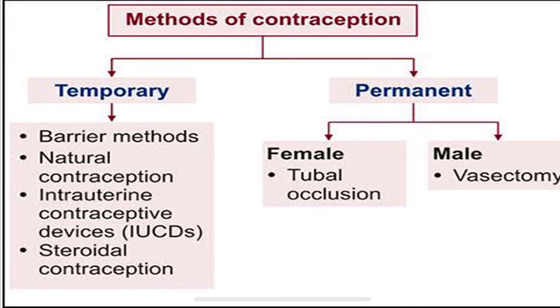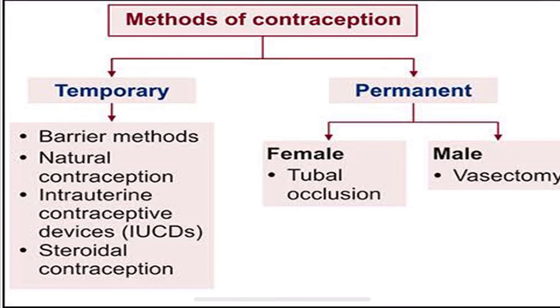Methods of contraception could be temporary or permanent. Under the temporary methods, we have barrier methods, natural contraception, intrauterine contraceptive devices, and steroidal contraception. So guys, you see here, there are barrier methods. The barrier methods could be mechanical devices such as cervical caps and diaphragms.